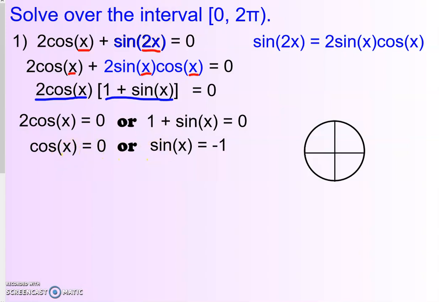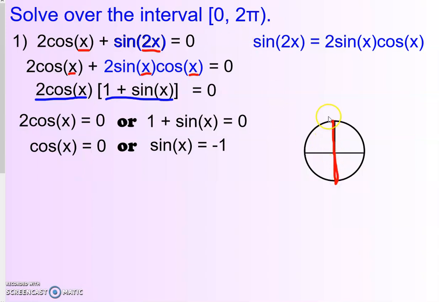Now, once we have the trig functions isolated, no coefficients, no exponents, we go to our unit circle. And where in the unit circle is the cosine 0? Well, we know the cosine is 0 straight up at pi halves and straight down at 3 halves pi. And where is the sine -1? Hey, straight down.